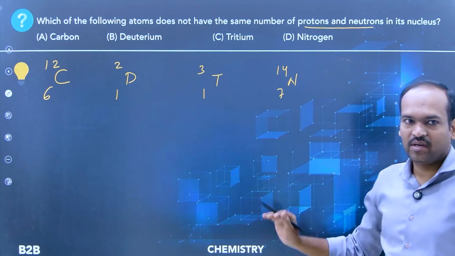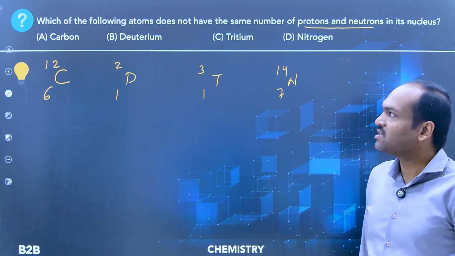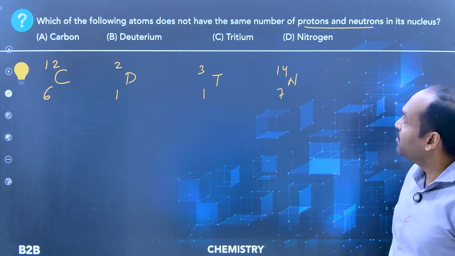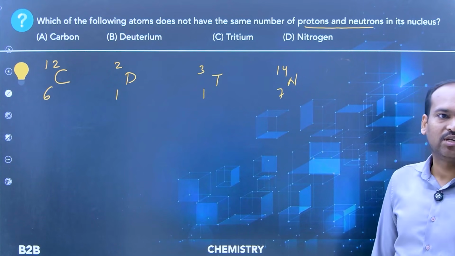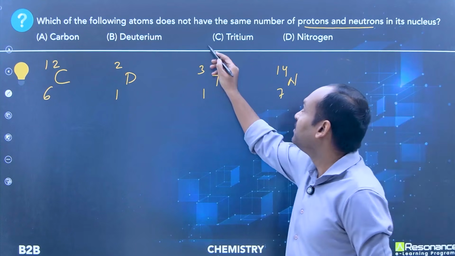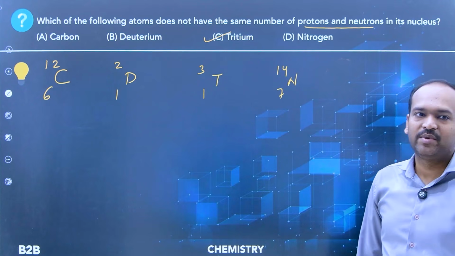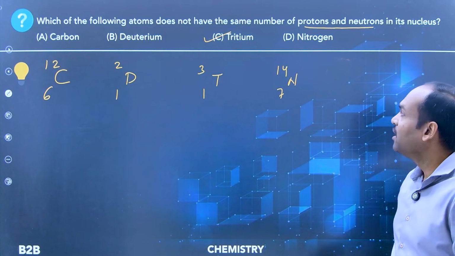These are the common atomic numbers and mass numbers of these elements. The one that does not have the same number is tritium. Everybody got the correct answer. Tritium is correct.